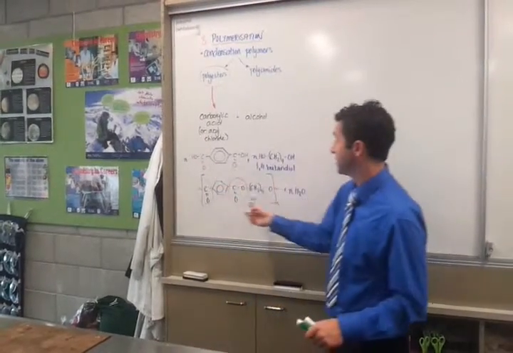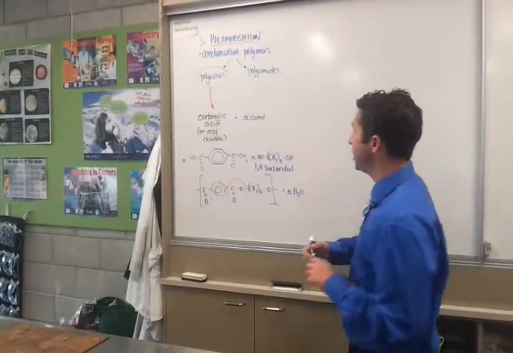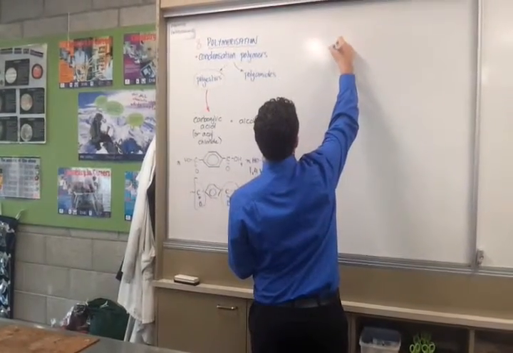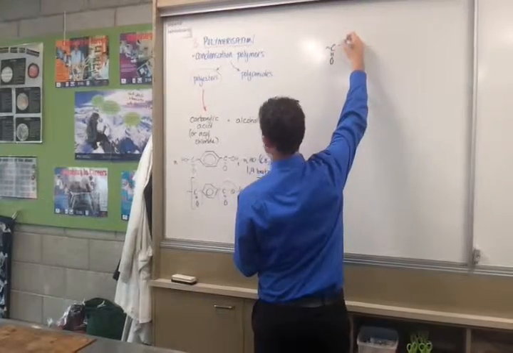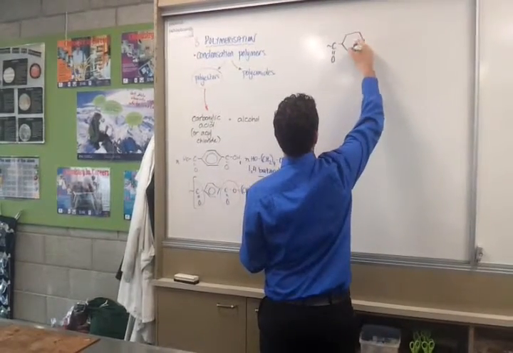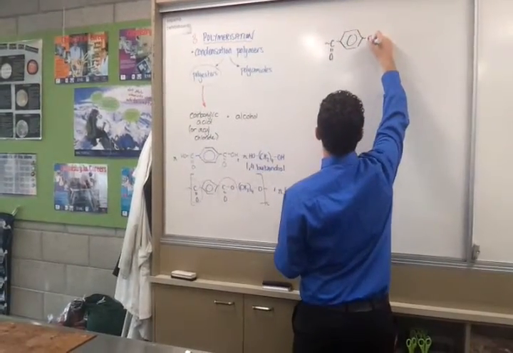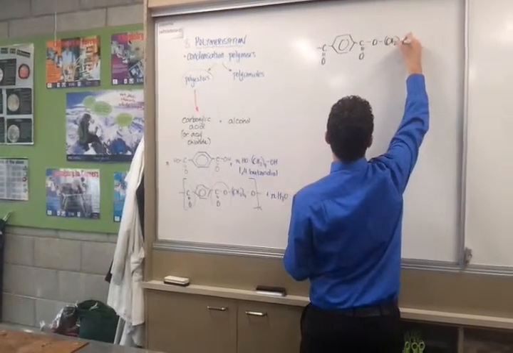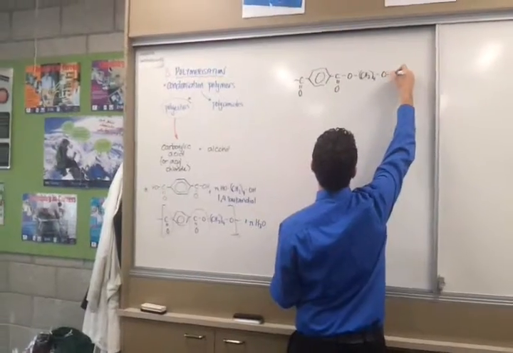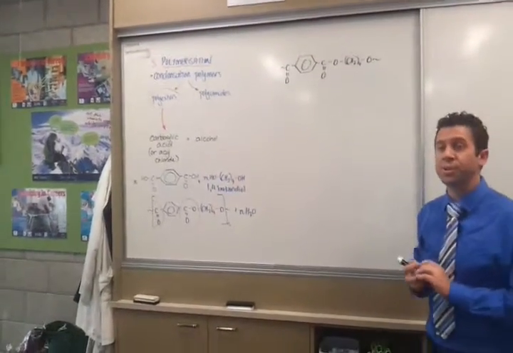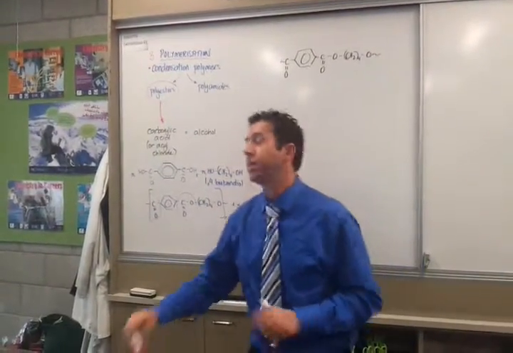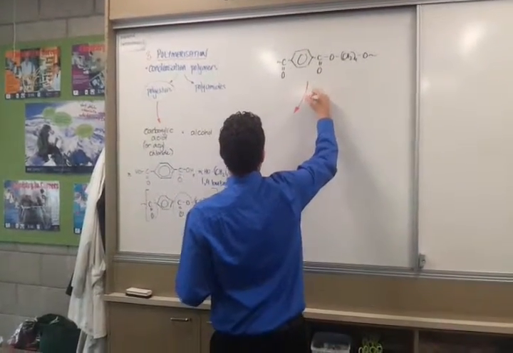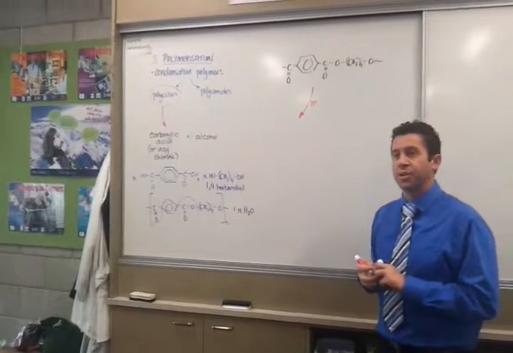Alright, so I'm going to use this example because it's a nice easy one to do. So I'll draw that up again. Okay, if I was to react this with acid, then what do acids do to an ester?